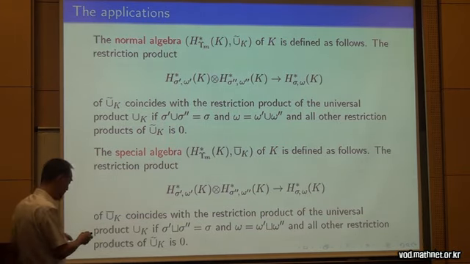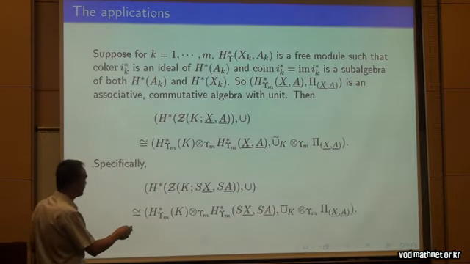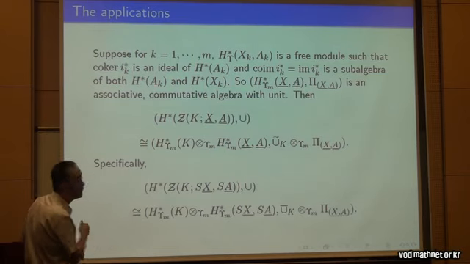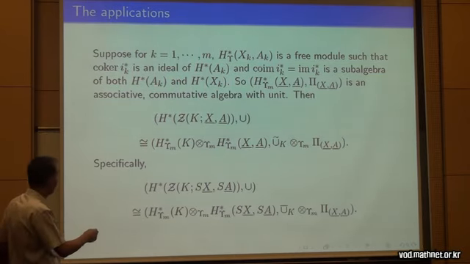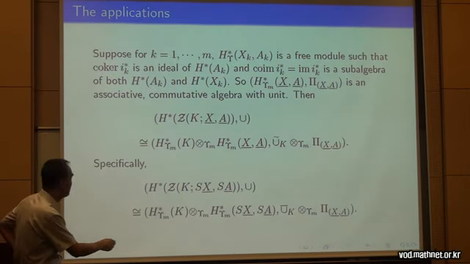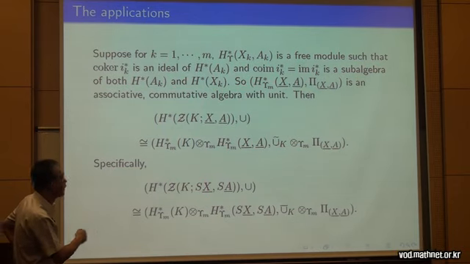And in many cases, for example, if we give this condition, which is quite a general condition, that co-kernel is an ideal of this, and image are subalgebras of both of these algebras, this in many cases naturally satisfies, and this is naturally an associative algebra. And this product may be replaced by the normal, and especially when everything is a suspension, by the special product.